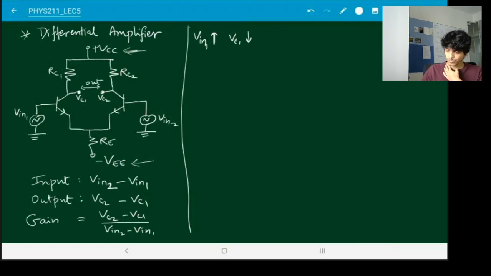But if Vc1 decreases, as you can see from here, the gain increases because Vc1 comes with a negative sign. So if you increase Vin1, gain increases. So Vin1 is called the non-inverting input.